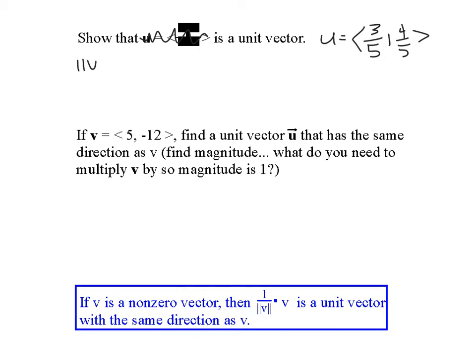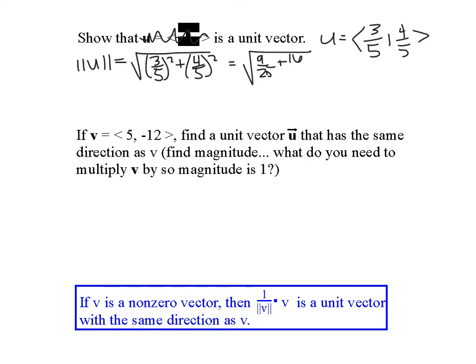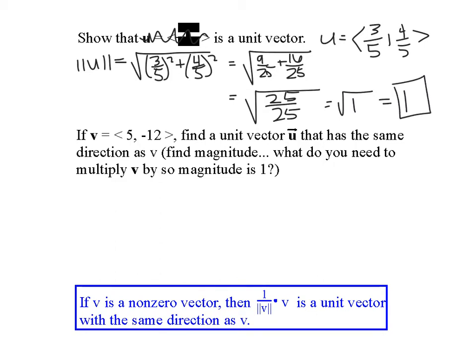So we're going to find the magnitude of u, which is going to be the square root of (3/5) squared plus (4/5) squared. That's going to be the square root of 9/25, squaring both the top and bottom, plus 16/25. And that's equal to the square root of, if you add those together, 25/25, which is the square root of 1, which is in fact 1. So therefore, it is a unit vector.